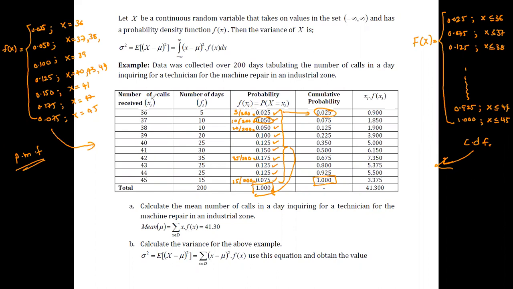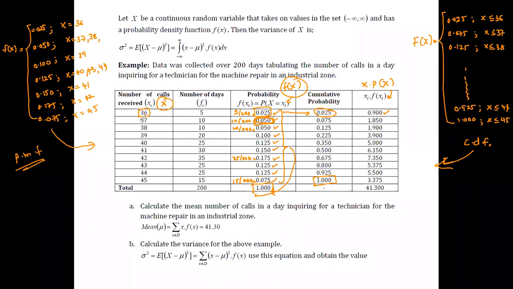In this table, we have the values of x, and here we have the values of f(x) or p(x). Since we have both these values in the same table, I have created a column for x times f(x), or x times p(x). Then this value has to be multiplied with this 36. Then we got the value as 0.900.